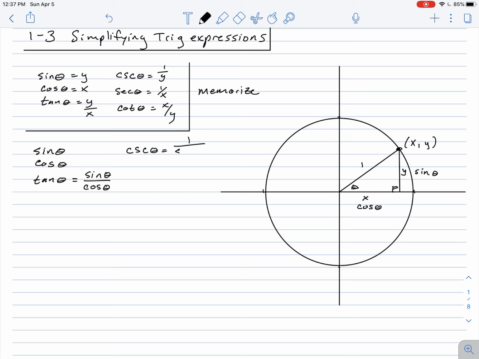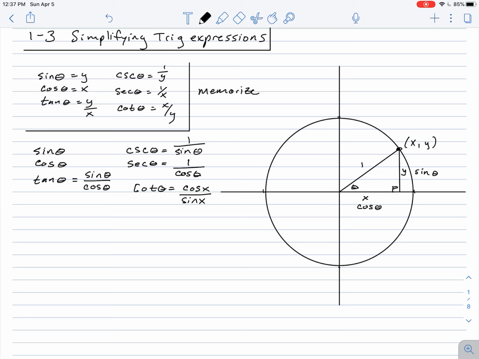So this is 1 over sine. And I think that you already kind of intuitively knew this. I've always said that cosecant is sine flipped over. So that's exactly what this says. Secant, similarly, is 1 over cosine. And cotangent is cosine, the x value, over the y value, which is sine.